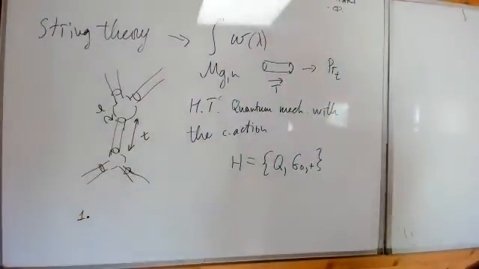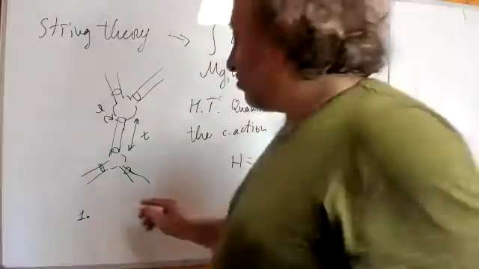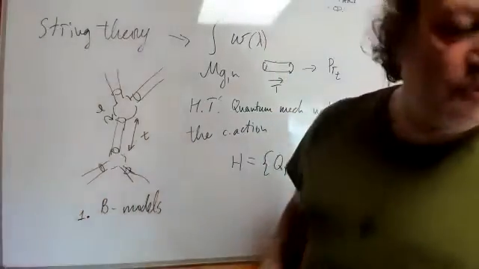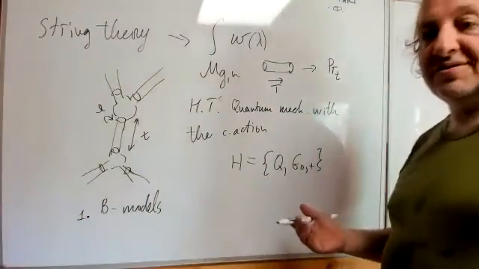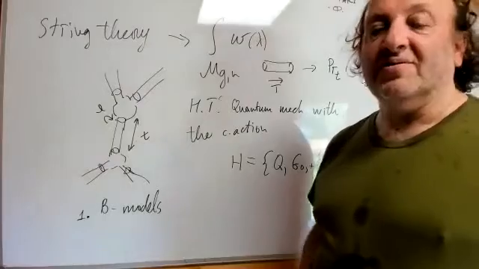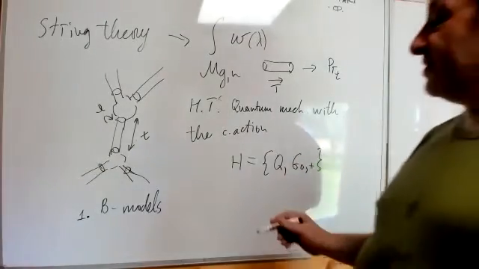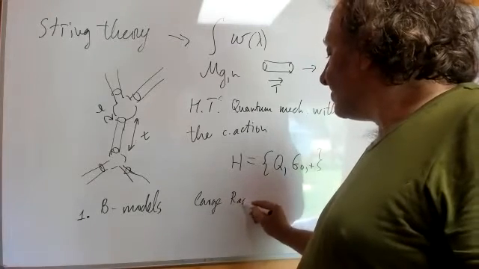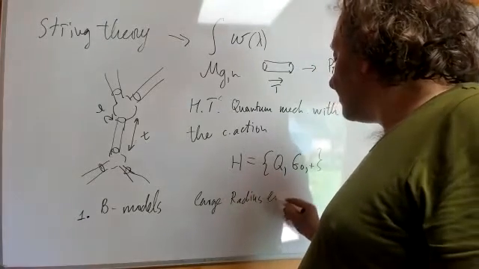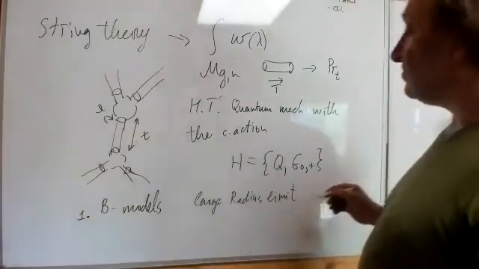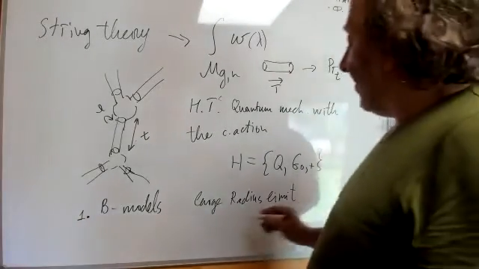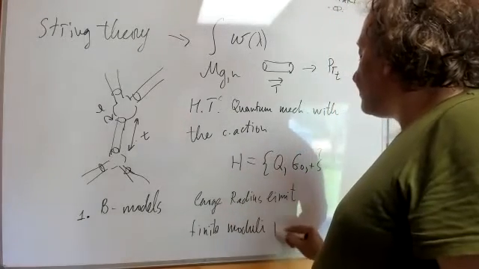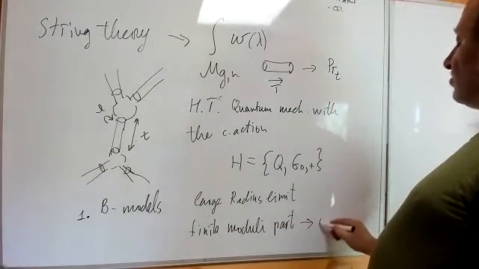First kind of example was the so-called B model. So we, in this course, studied the correlator and found that when we have large radius limit, the finite moduli part tends to 0.